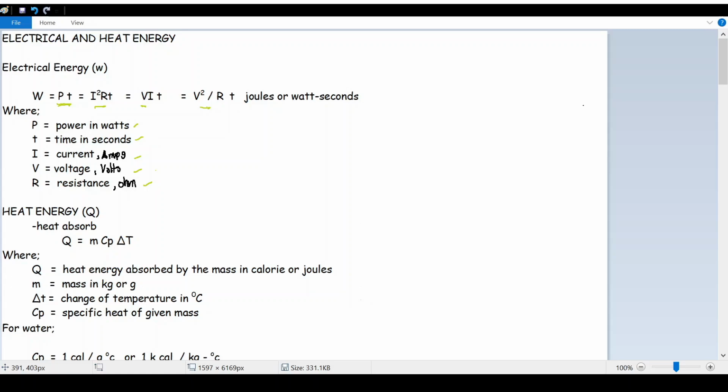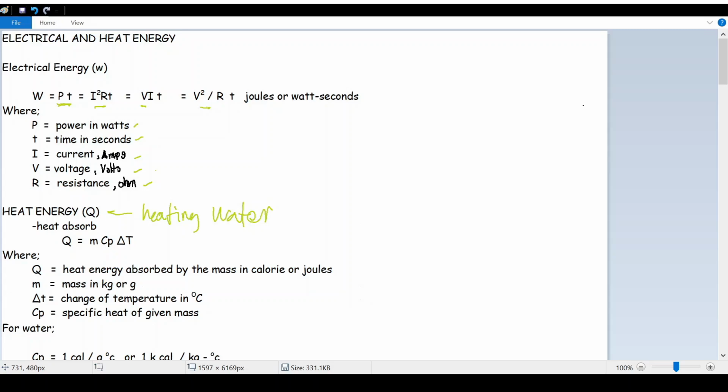While heat energy is represented by a capital letter Q, heat energy as applied in this topic is on the heating of water.